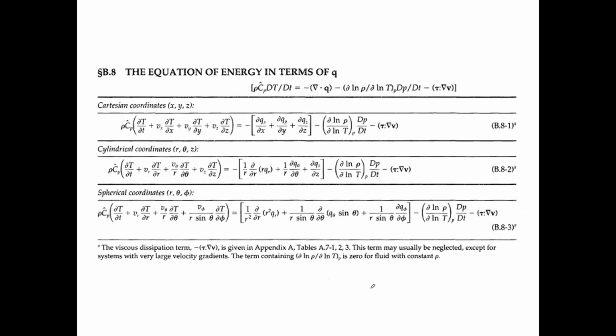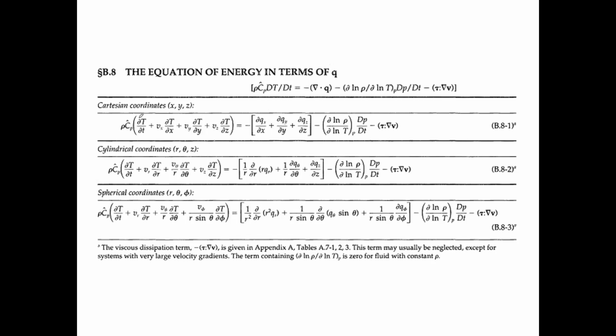Okay, and then the one that you are actually going to need is in appendix B2, which is the explanation of that one. The first one is the Cartesian coordinate, where the internal energy is actually expanded into rho Cp.